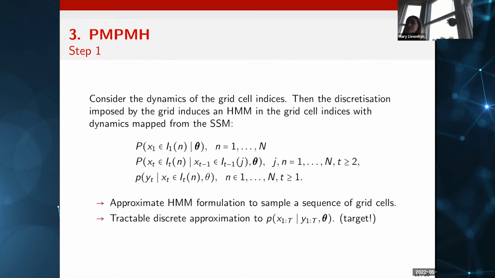So the framework is already there for a nice way to reduce the computational complexity of this algorithm.